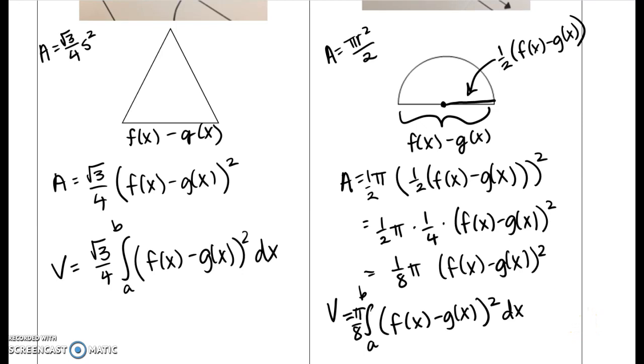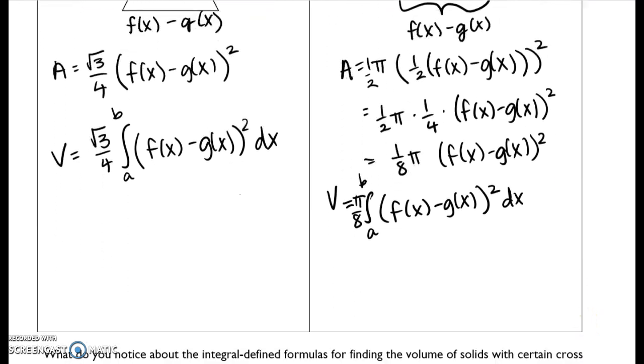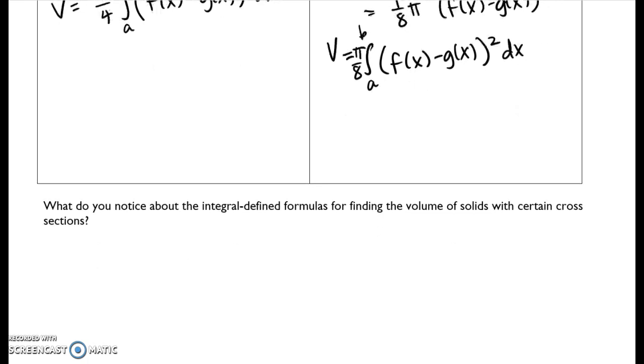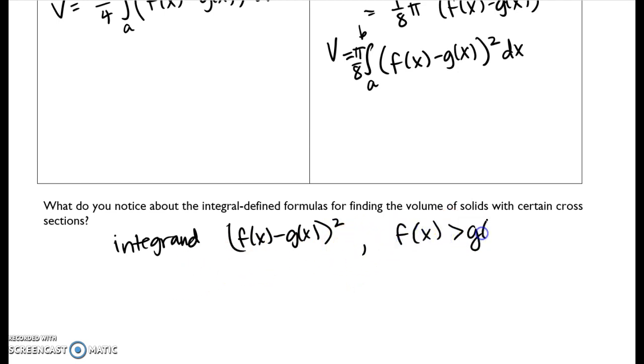So hopefully what you notice here is a pattern. Our integrand was always f of x minus g of x quantity squared. And we're assuming here that f of x is bigger than g of x.